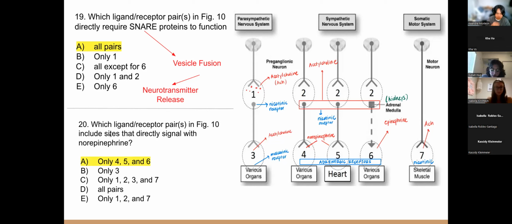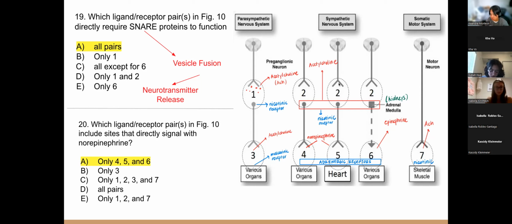In terms of 20, the question's asking which ligand receptor pair includes sites that directly signal with norepinephrine. When I think norepinephrine, I think the sympathetic nervous system, specifically in this bottom half right here, because in this first half, when it's derived directly from the central nervous system, the preganglionic neuron is just going to release acetylcholine, which binds to nicotinic receptors only.